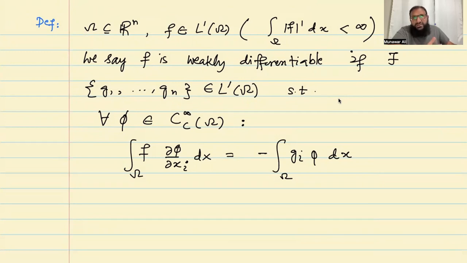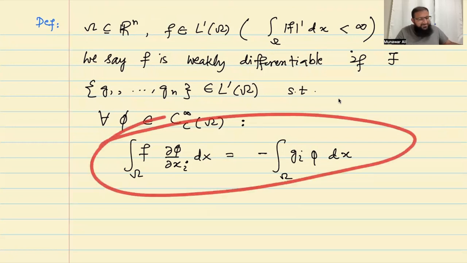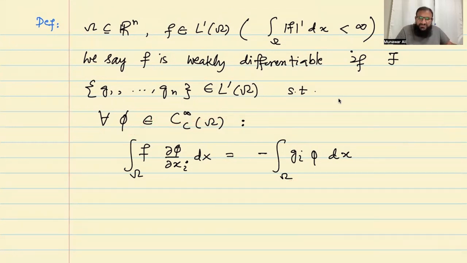It means when I ask what is the derivative of f with respect to x1, you will say g1. What is the derivative of f with respect to x2, you will say g2. If this equality is satisfied, we say that the weak derivative of f exists. We'll come to examples and then we'll see why that is so. There's some notation: if I differentiate f with respect to the ith component, that is di of f is equal to gi. We say this is the weak derivative of f.